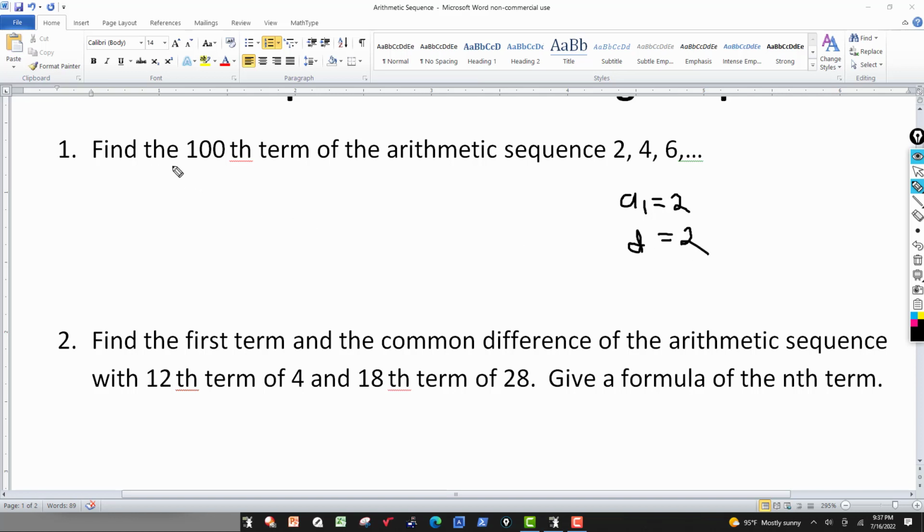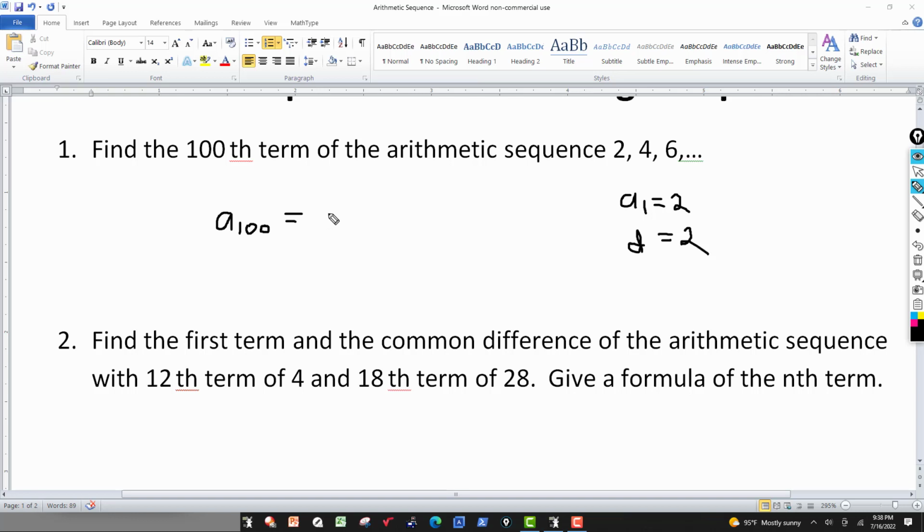So now it wants the 100th term. Now, I could go ahead and list them all and just say 2, 4, 6, 8, 10, 12, and keep on going until I count 100 terms and then find out what that is and put it down. But with the formula, a sub n, and here n is 100, I want the 100th term, and according to the formula we just looked at, it's a1 plus n minus 1 times d.